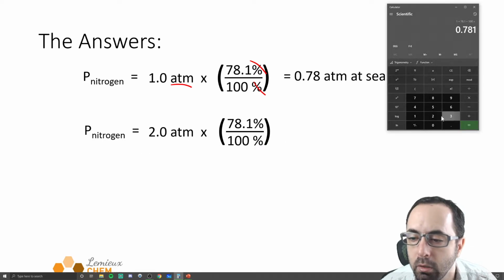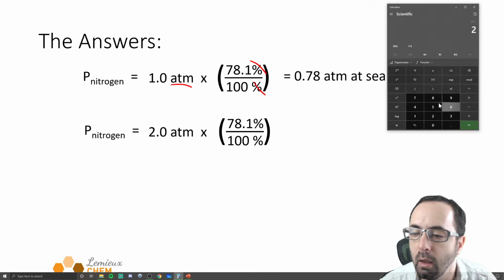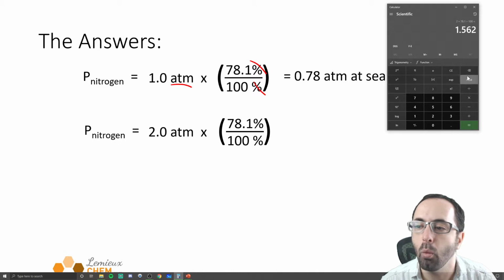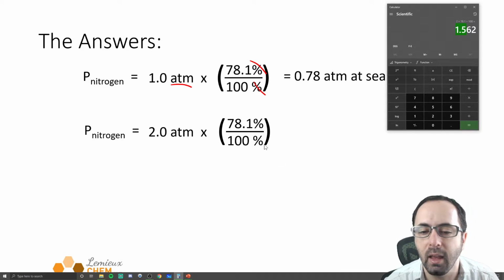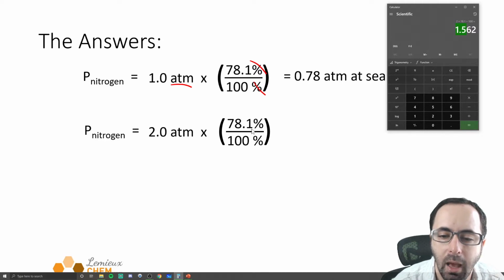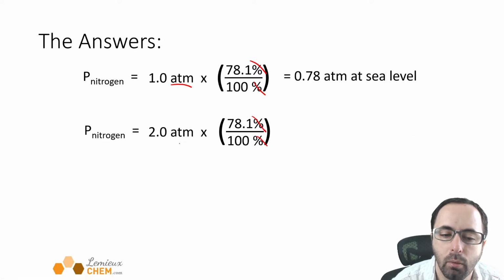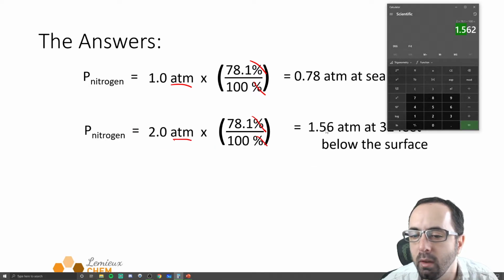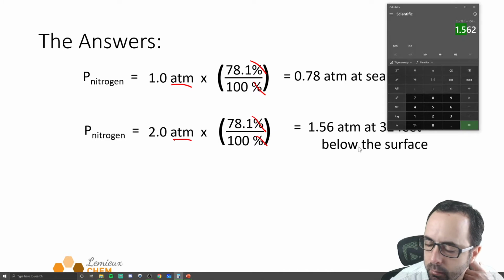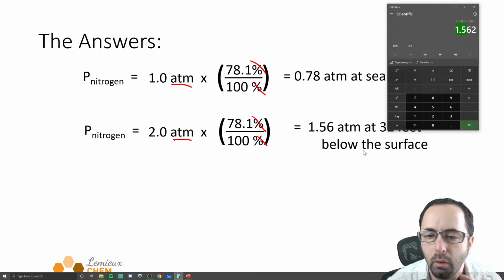That partial pressure will be 2 atmospheres times 78.1% divided by 100%. And so we get 1.56, or 1.6 to 2 sig figs, because 2.0 has 2 sig figs. Again, our units are going to be atmospheres because percent will cancel. So this is going to be 1.56 or 1.6 atmospheres at 32 feet below the surface.